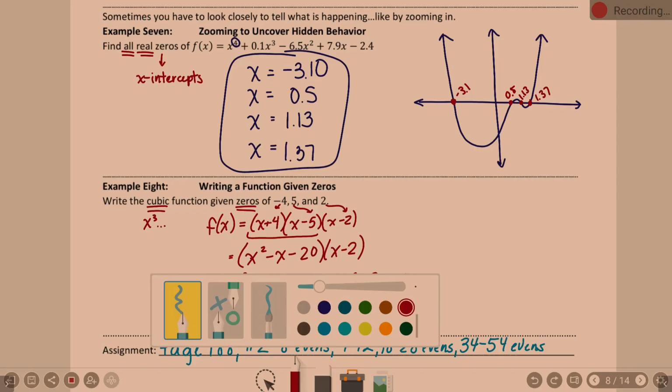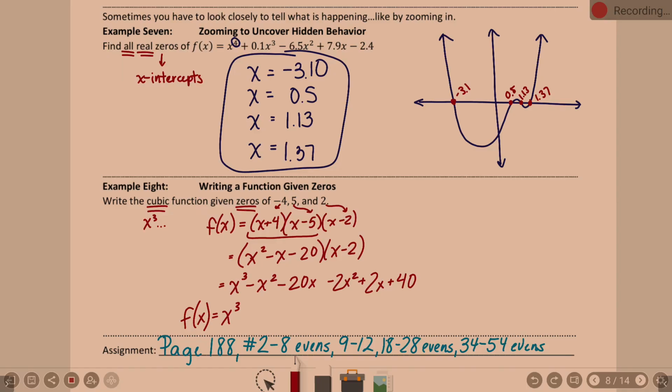I'm just making sure you guys are checking my math. Yeah, so x cubed minus 3x squared minus 18x plus 40. Here's the big question. Does it match my answer key? Hey, it matches my answer key.